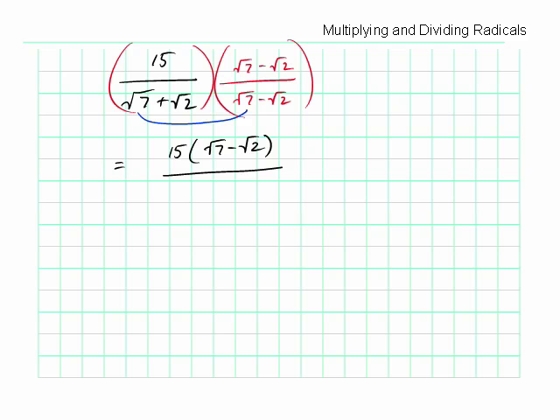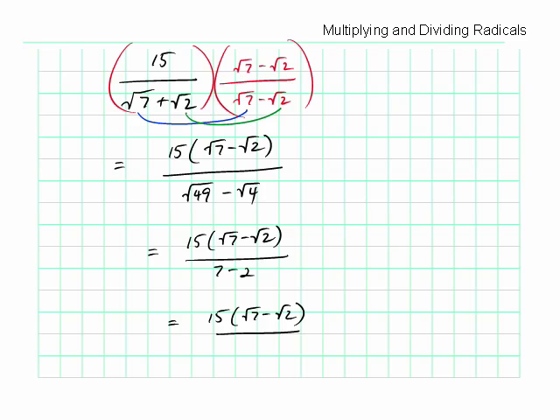So square root 7 times square root 7 is square root 49. And minus square root 2 times square root 2 is minus square root 4. 15 times square root 7 minus square root 2, all over 7 minus 2, which is a 5. All divided by 5. And this one actually I can reduce here. 15 over 5 reduces to 3. And so my answer is 3 times square root 7 minus square root 2.